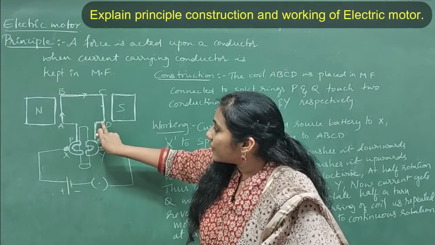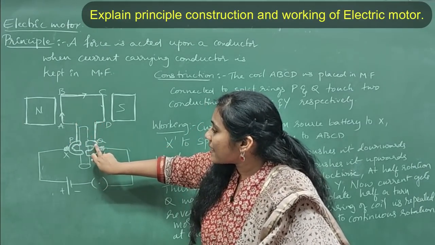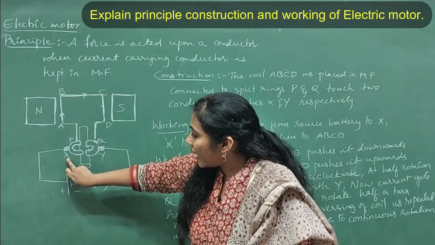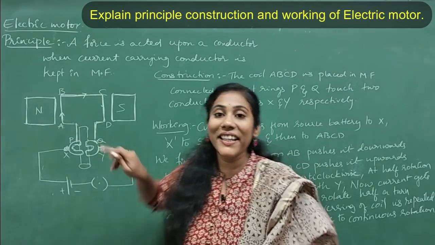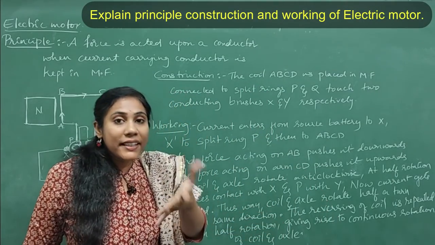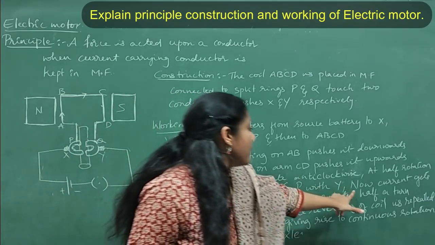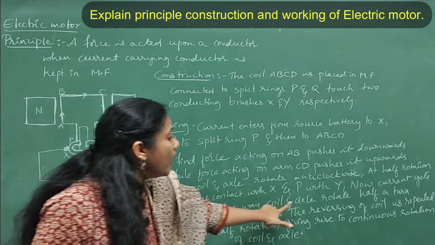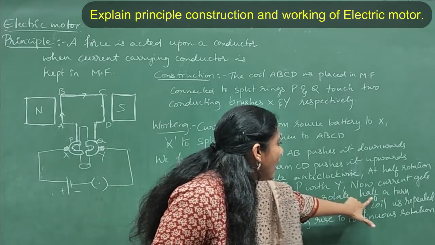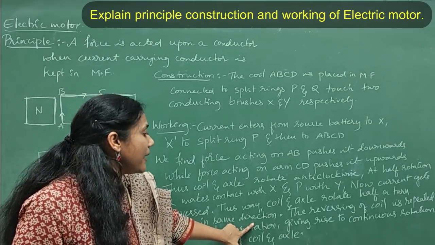So when this is moving here and this is coming here, automatically the split ring Q gets connected to X and the split ring P gets connected to the Y carbon brush. So the direction of current is getting changed, right? Now current gets reversed. This way the coil and axle rotate half a turn more in the same direction.